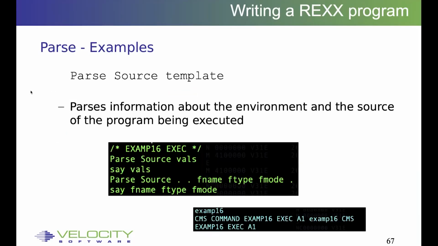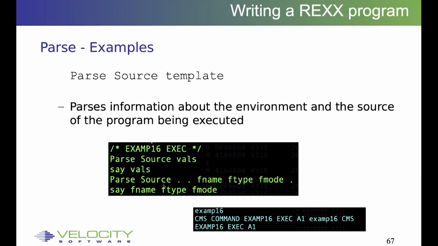Parse source allows you to get information about the environment and the source program. In my example, I'm doing parse source a couple of times. I'm going to put the whole thing into a variable called vals and display vals. The second line that starts with CMS command is the output from parse source.